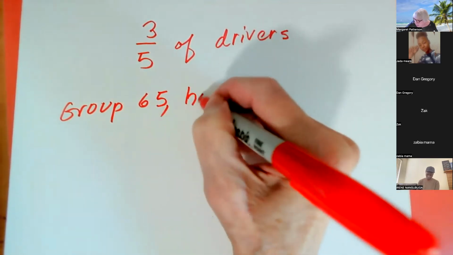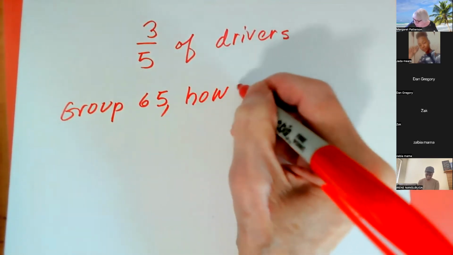We want to know how many use their cell phone. You get the idea? So back to the problem. 3/5 of drivers in general, based on a poll, said they use their cell phones while they're driving. Now, if a group of 65, how many of them would use it?